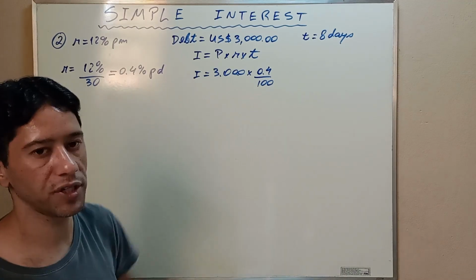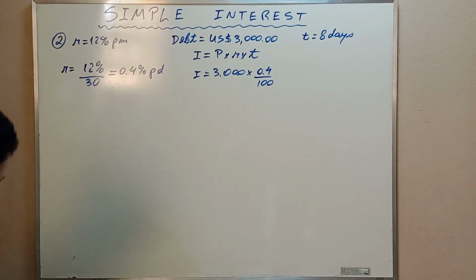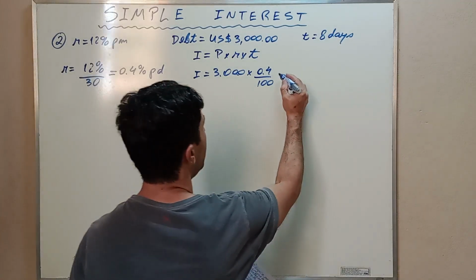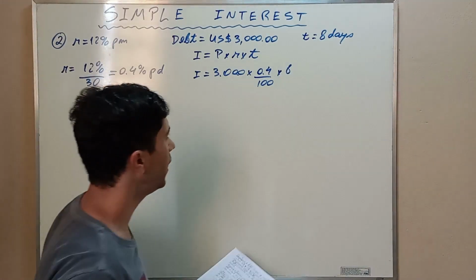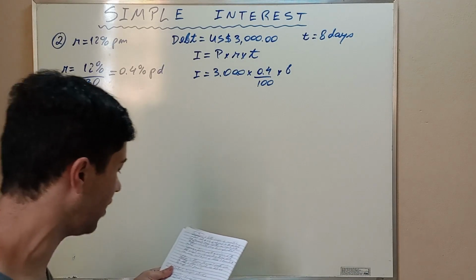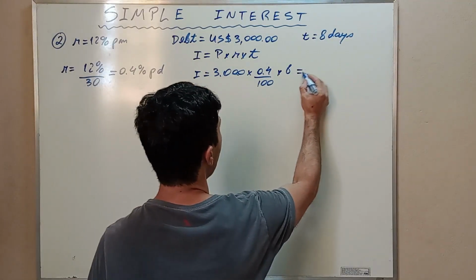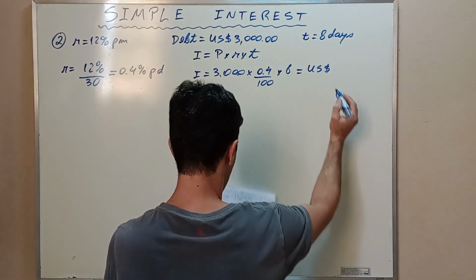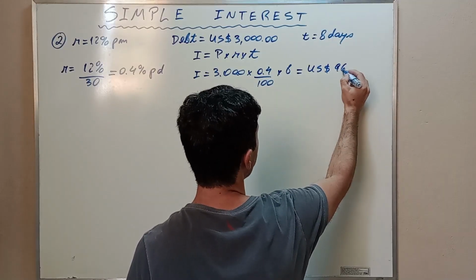We have to use the decimal, and the time period is 8 days, okay? And carrying out this multiplication, we find that the interest in dollars is equal to $96.